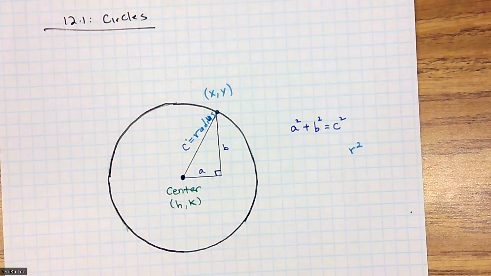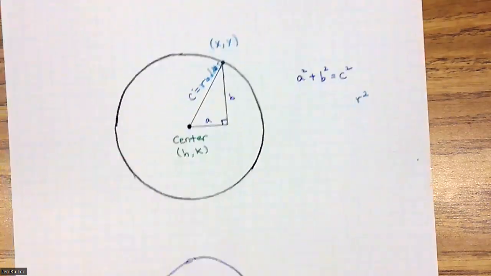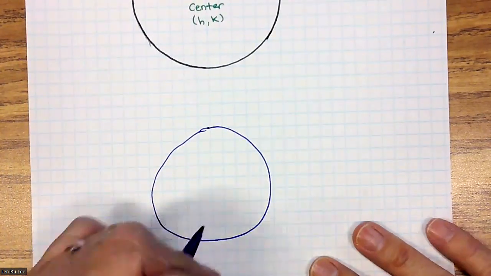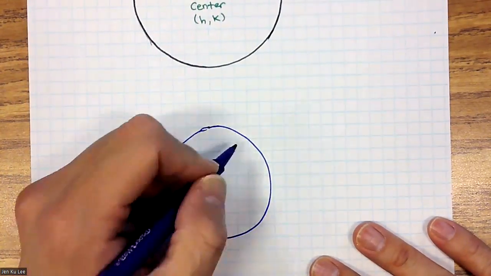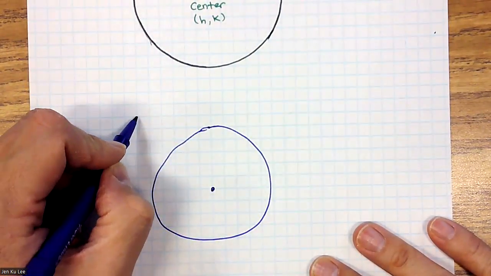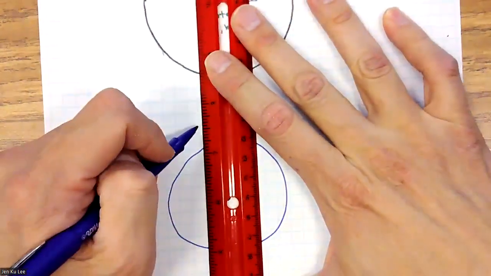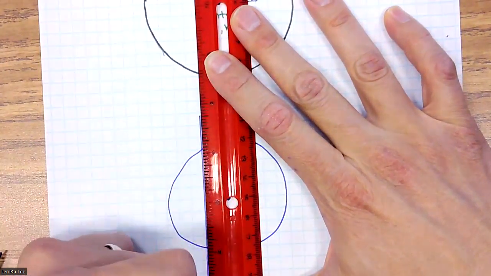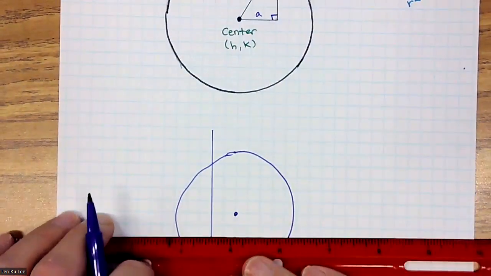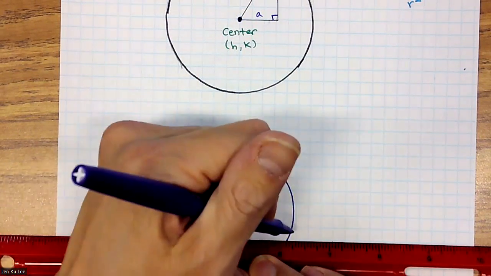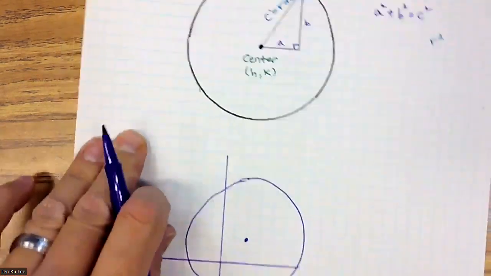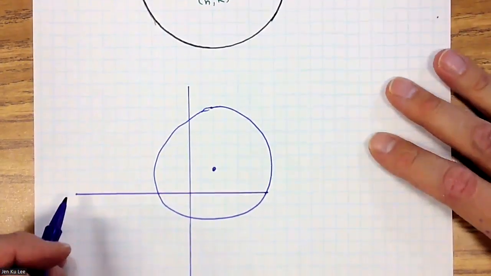Let me draw you a not so perfect circle. Okay. And let's say that my XY coordinate grid is here. All right, there's my coordinate grid.